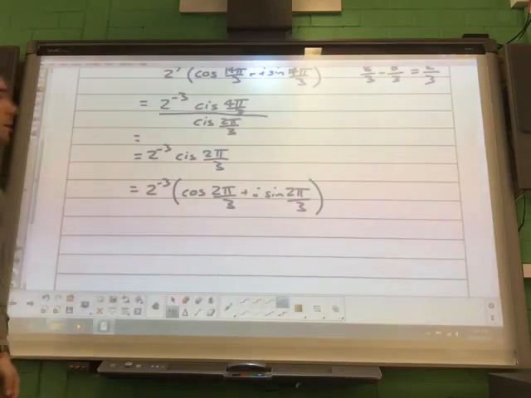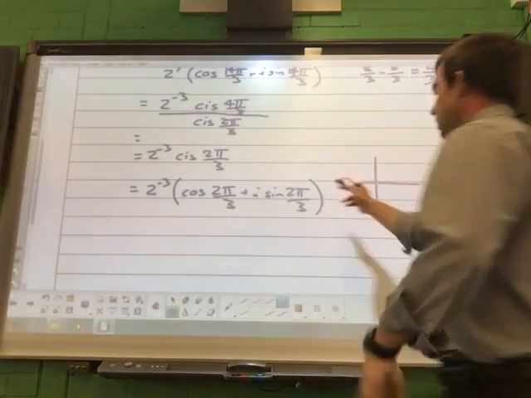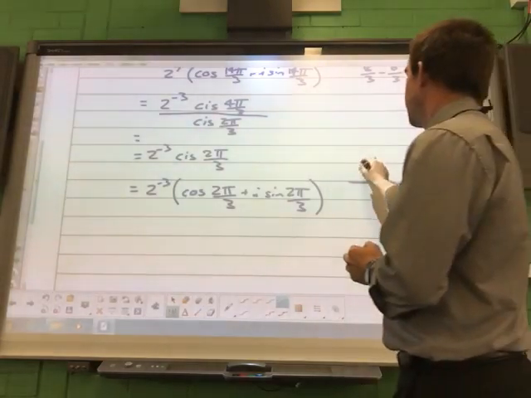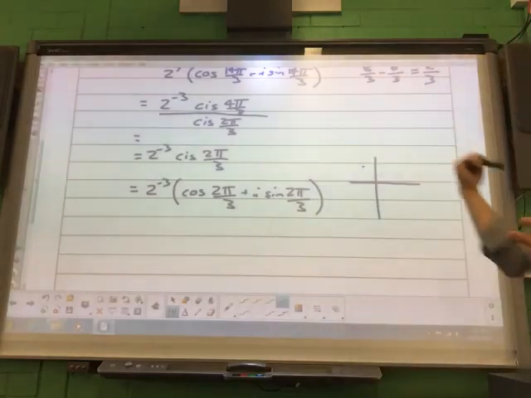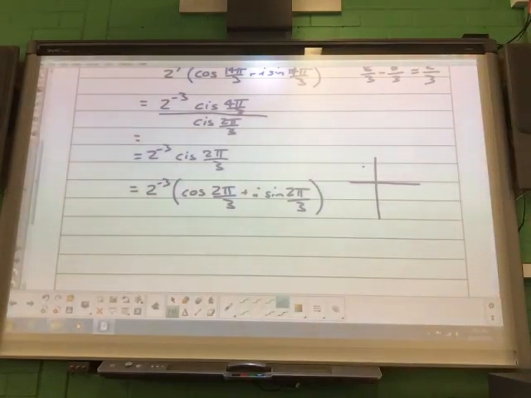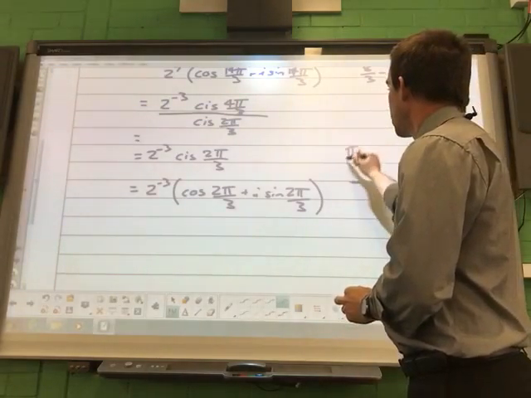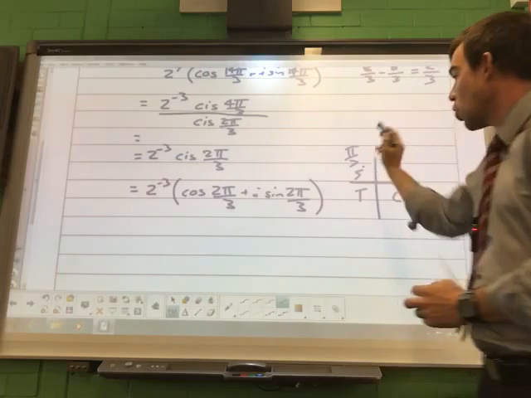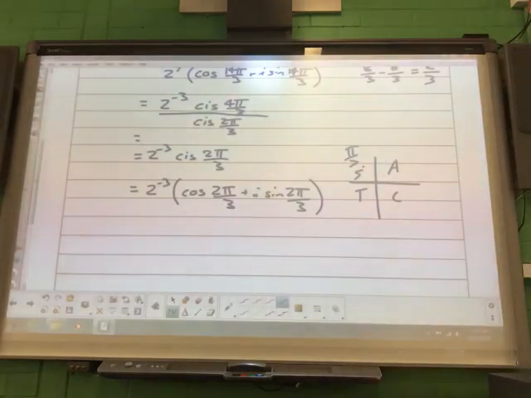Okay, so what quadrant is 2 pi on 3? Second, yep. So pi on 3 is 60, doubled is 120. An angle in the second quadrant is 180 degrees take away the basic angle, which will be 60 degrees. So we're really working on the pi on 3. All students take calculus: sine is positive and cos will be negative.